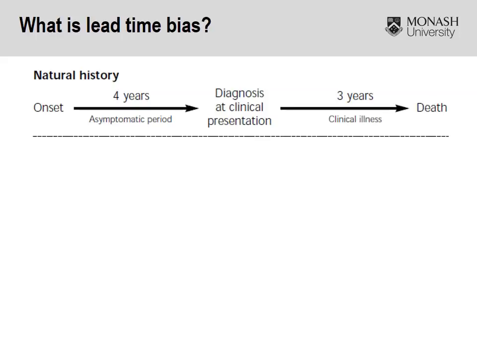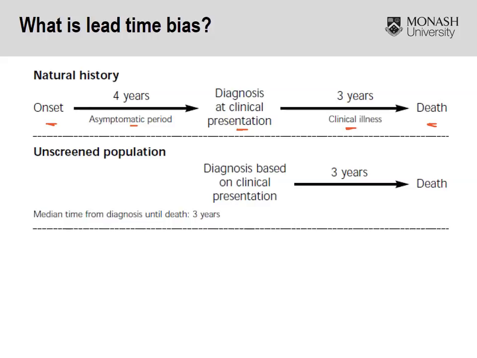So here we've got the natural history of a particular cancer. Let's say, hypothetically speaking, there's the onset followed by a 4-year asymptomatic period, in which case there would be some sort of clinical presentation, after which it may be a 3-year illness, at which point in time death occurs. So the natural history of the cancer is 7 years.